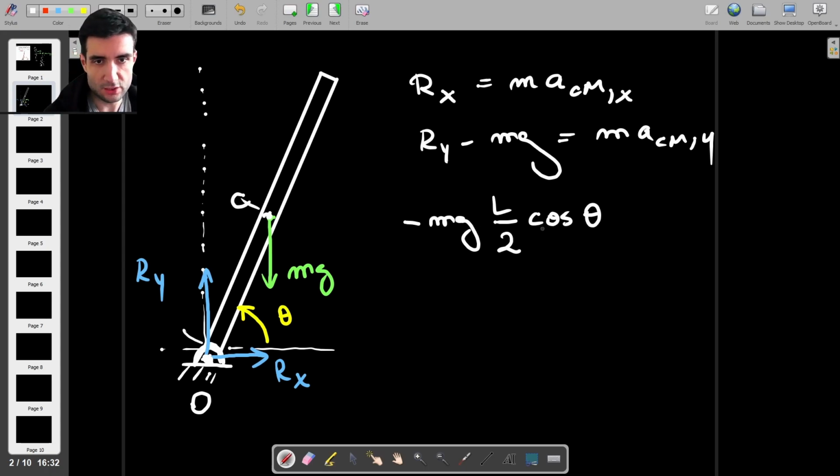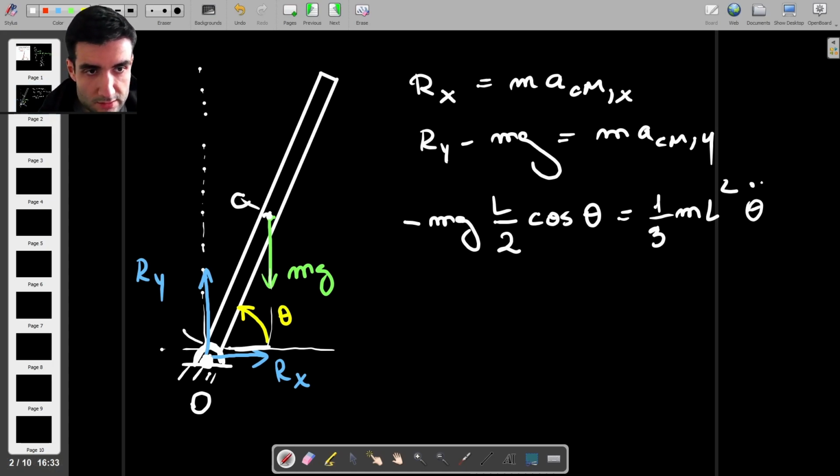So minus mg L/2 cosine of theta is equal to the moment of inertia, which, remember, you're taking about this point O, so that's going to be 1/3 ml squared. You can find it from tables, or you can use the parallel axis theorem if you want, multiplied by the angular acceleration, which is theta double dot. Okay, so we can cancel out some stuff.